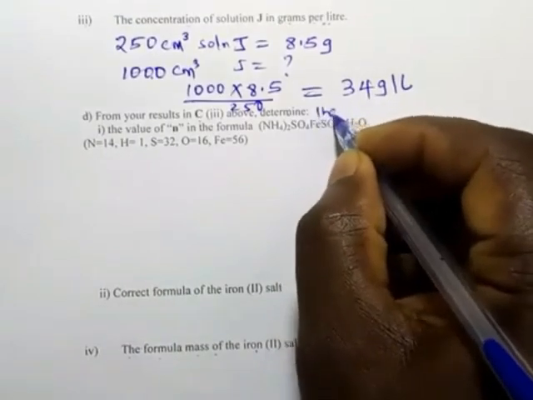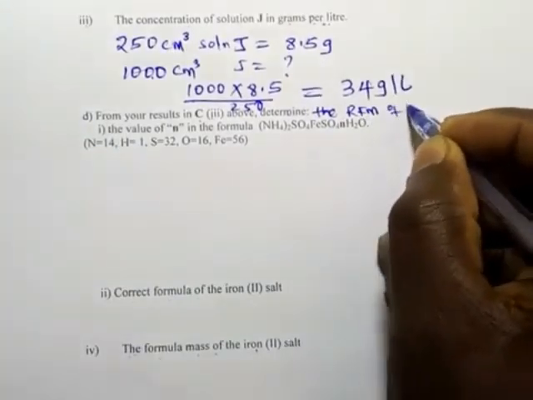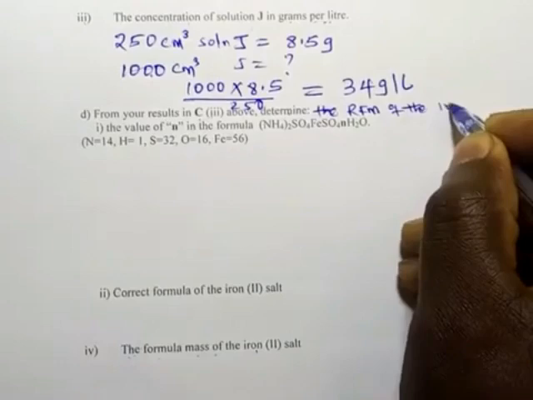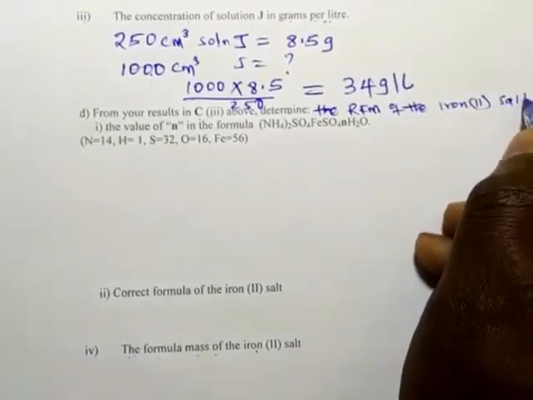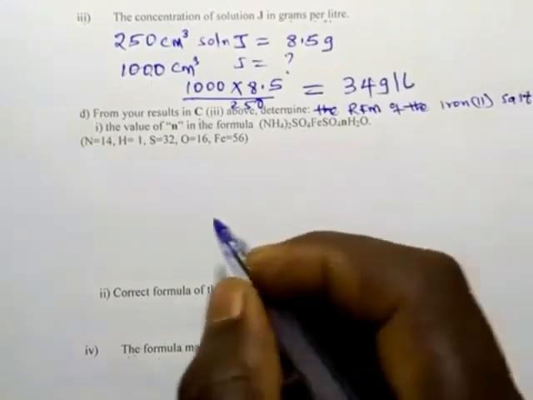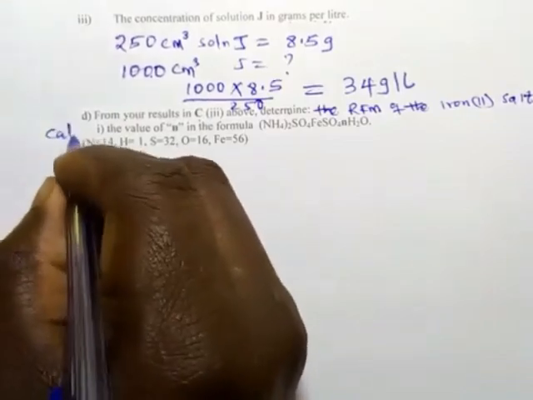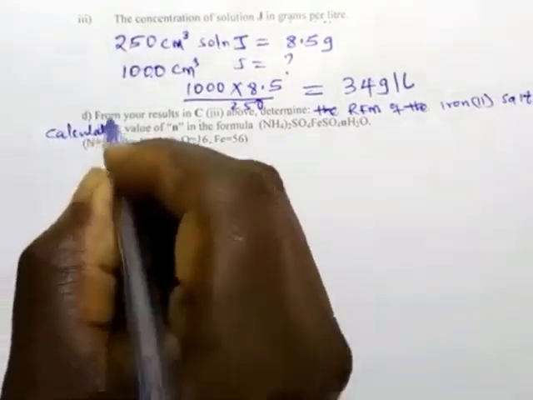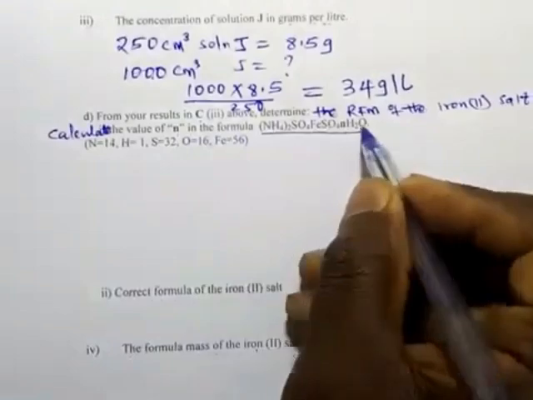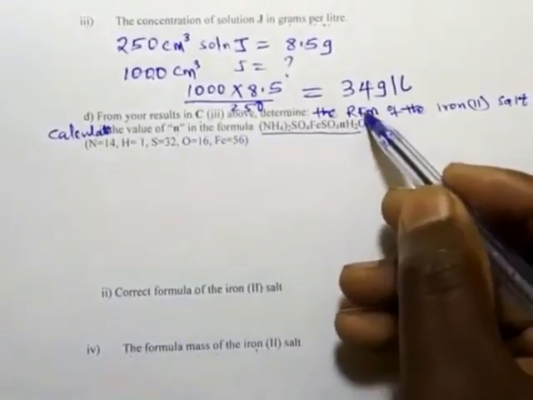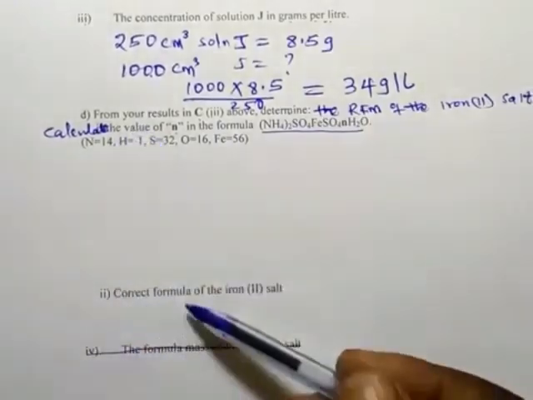Determine the RFM of the iron 2 salt, hence calculate the value of N in the formula, this formula. So first we calculate the RFM. This question is just misplaced here. It was supposed to come before this one.